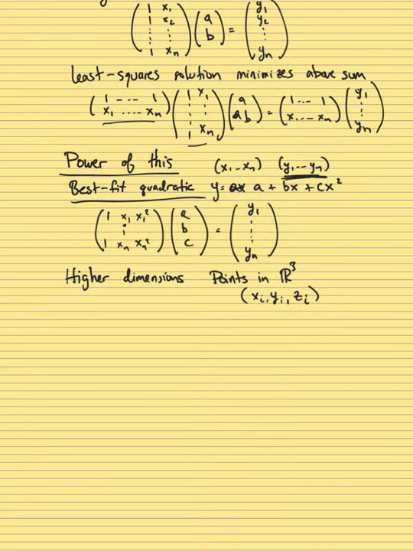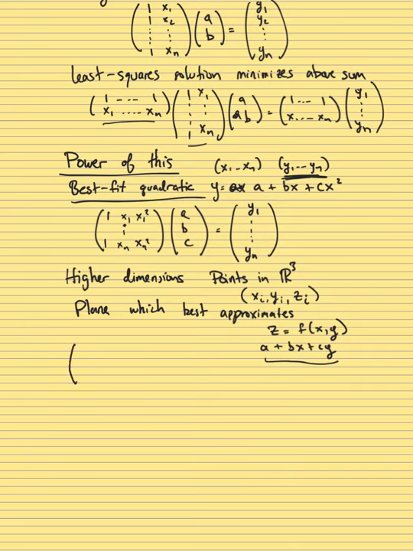Let's say we want to find a plane which best approximates them. Here we're thinking of z as a function of x and y. So if we're looking at the equation a plus bx plus cy, this is my equation for a plane. And we want to figure out z minus zk.